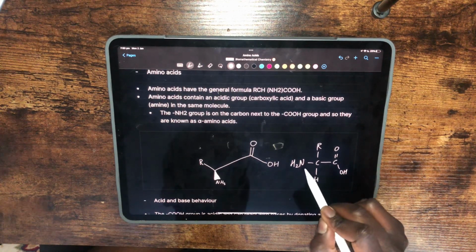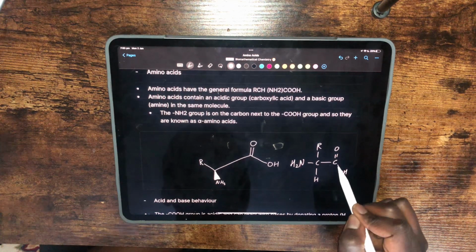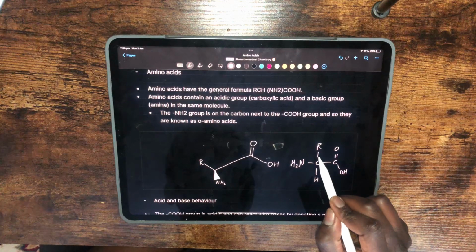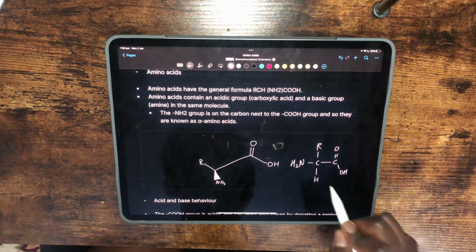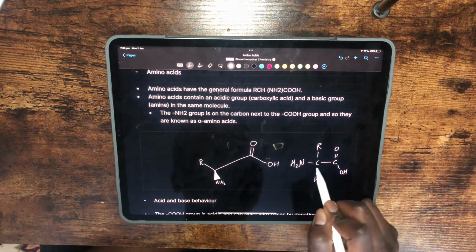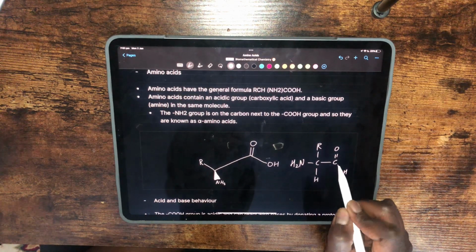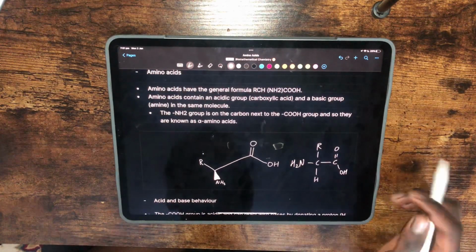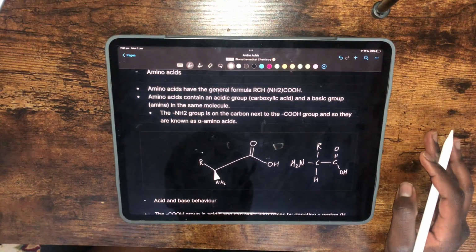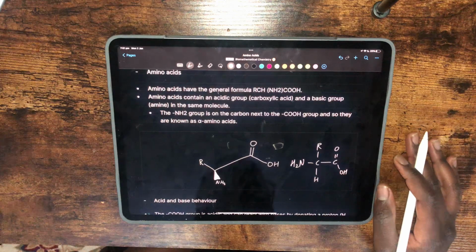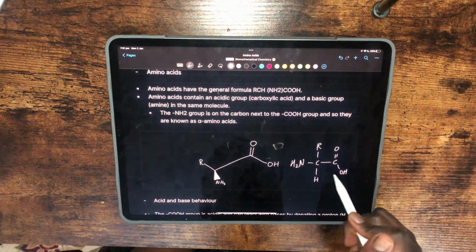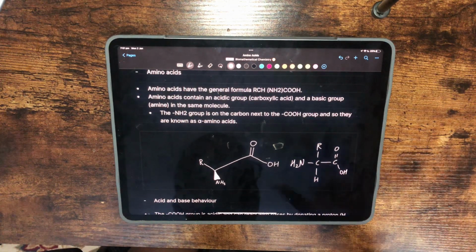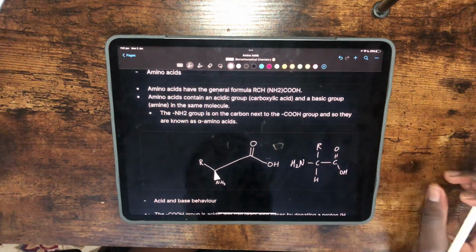Sometimes there are examples where the amine isn't bonded to the carbon next to the carboxyl group, but in AQA A-level chemistry you're generally just going to get the alpha amino acid. I haven't seen an example where you have to show your understanding of a beta amino acid. This is all you need to know about the general structure of amino acids, obviously besides the R groups and more.